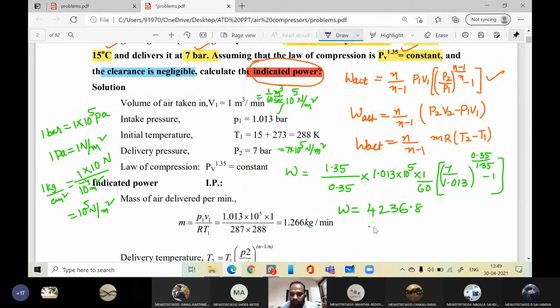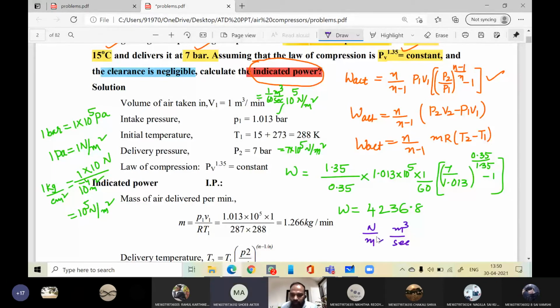First, what is n by n minus 1? No units. What are the units for pressure we considered? Newton per meter square. P unit I am talking about. Then V unit, meter cube per second. And P2 by P1, no units. It is balanced, right? Yes or no?